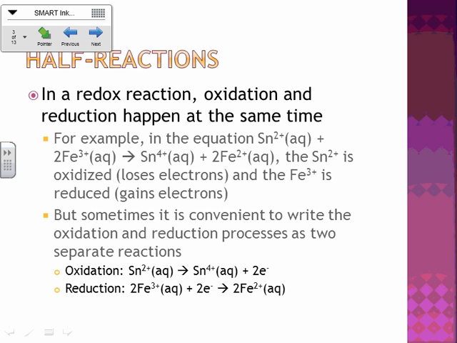So the oxidation reaction that's taking place, the tin is becoming more positive, right, which means it's losing 2 electrons. Does that make sense? Okay, so if we write the oxidation half reaction here, we're going to write Sn2+ yields Sn4+ plus 2 electrons. Okay, and then on the reduction side, we've got 2 Fe3+ plus 2 electrons.